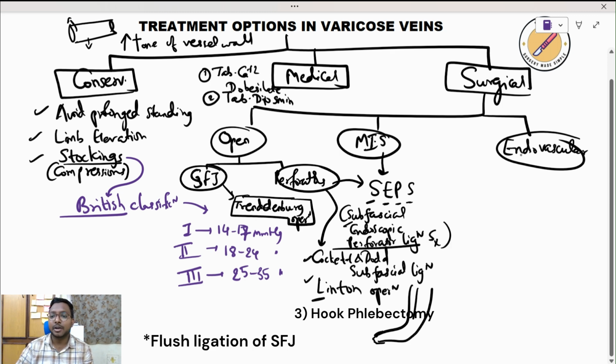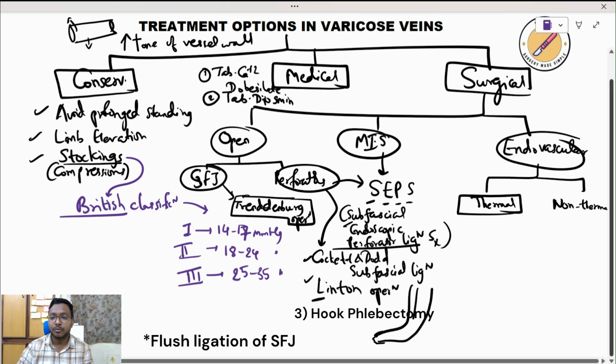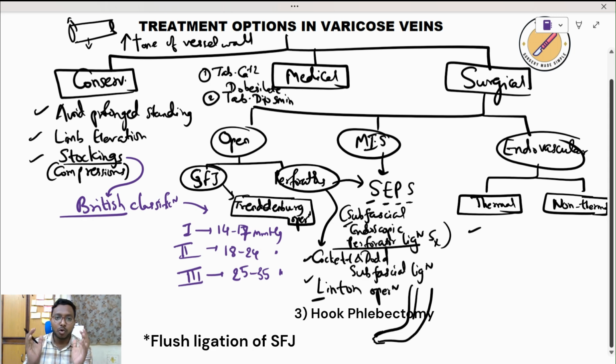Now coming to endovascular, again we have two subtypes. First one is thermal, where we are using heat energy. Second one is non-thermal. The main aim of treatment of varicose veins is that we are only dealing with the superficial venous system.